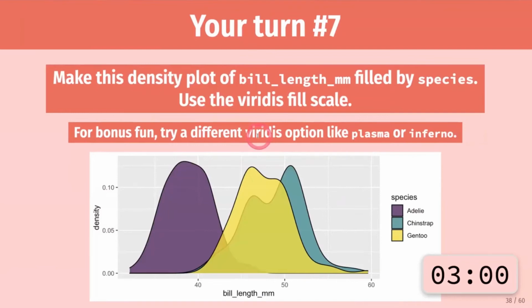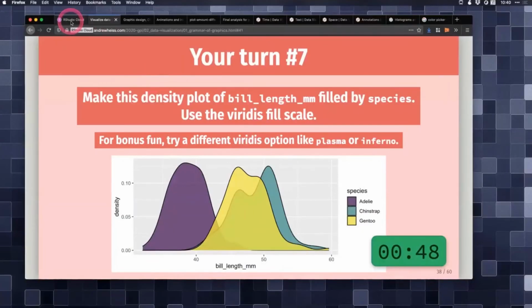And if you're super brave, which you should be, look at the help file for scale fill Viridis, and you'll see that there are different options of the color palette. You can use option equals plasma or option equals inferno or other things like that. So go ahead and play with that for a minute or two and see if you can recreate this by adding a scale layer.